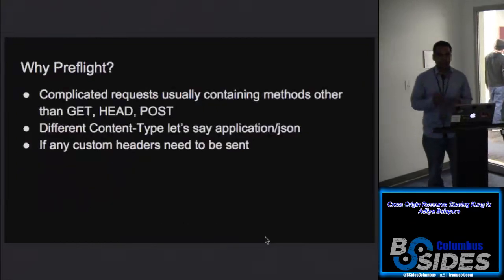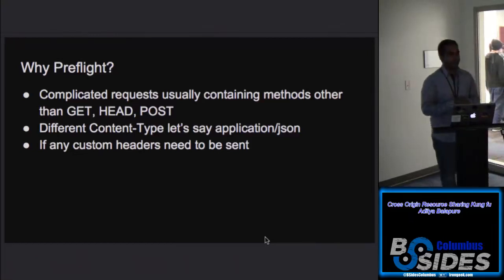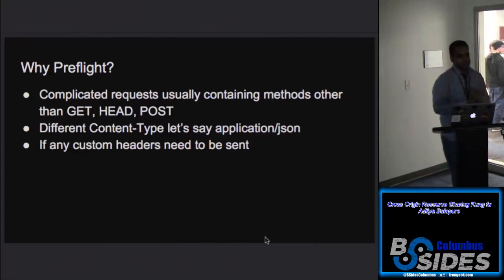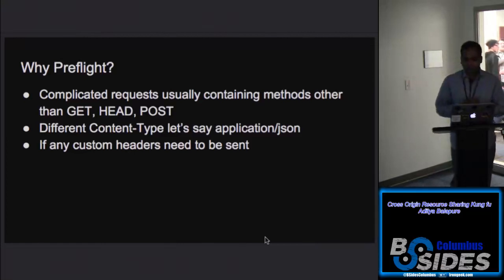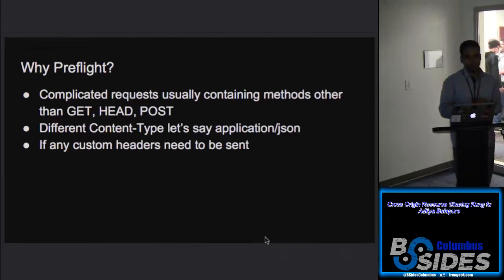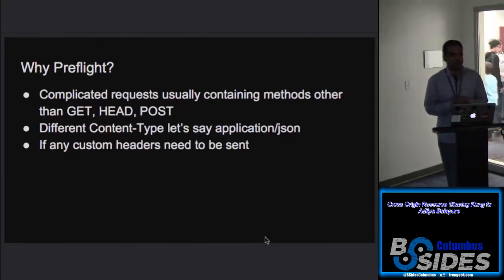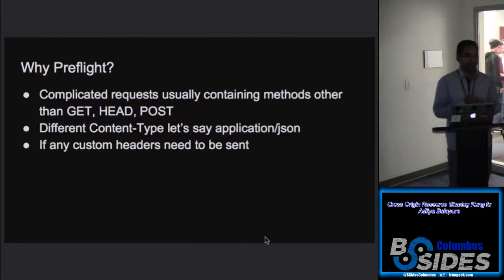Since we discussed simple requests, next comes the concept of pre-flighting. To understand how complex cross-origin requests work, we need to understand pre-flighting. Complicated requests usually mean any sort of request other than GET, HEAD, or POST. Examples are if the user browser is trying to update a resource through PUT, or delete a resource through a DELETE request.